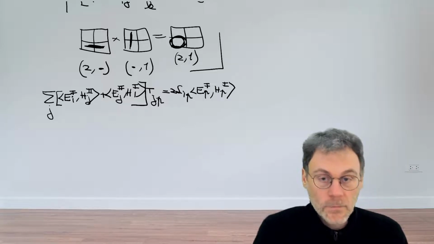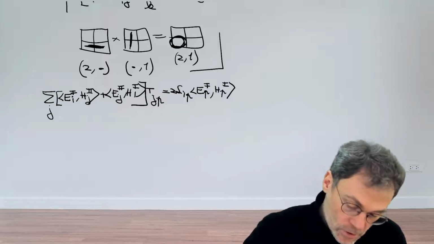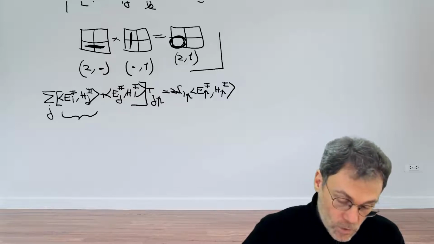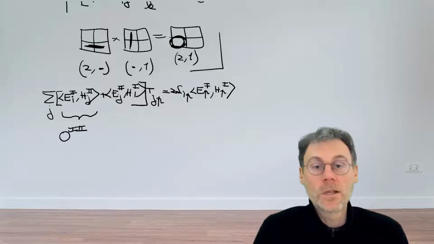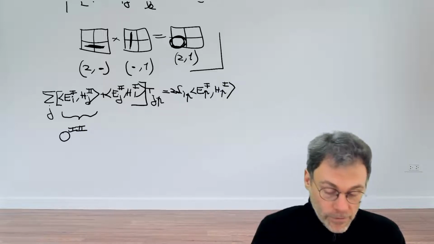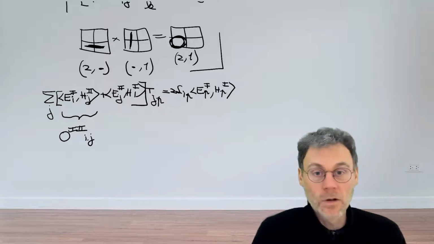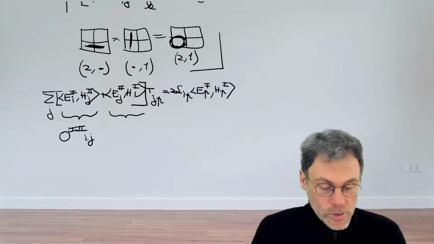Right. So let's see how we could bring in the definition of our overlap matrix here. So this guy over here, this is going to be an element of the overlap matrix 1, 2 here, because the electric field is in medium 1, the magnetic field is in medium 2. And by definition of the matrix, this is the ijth element of that overlap matrix. Okay. Over here, what do we have?